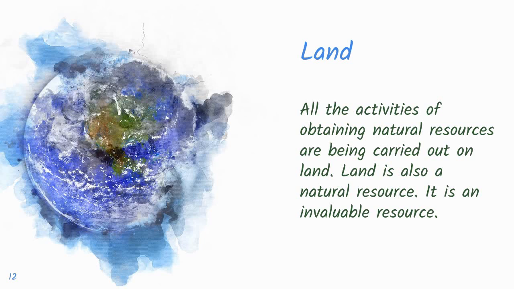The remaining activities are carried out on land. This means that land is also a natural resource. Living things that are born on land grow, live, and die on land itself. Land is an invaluable resource.